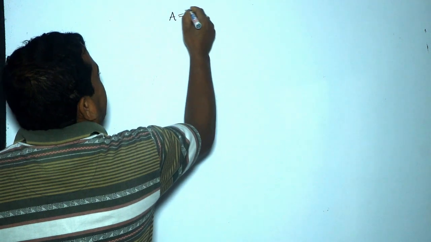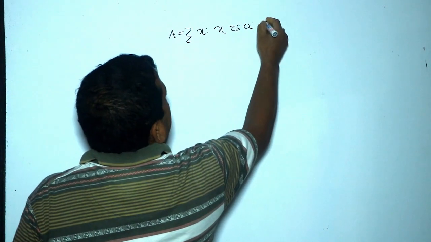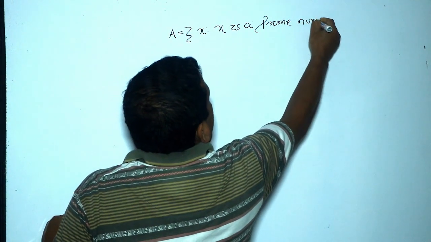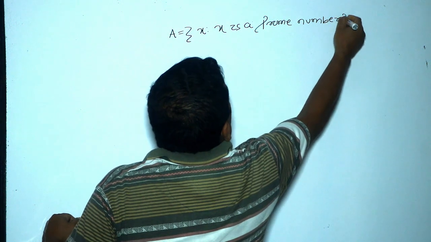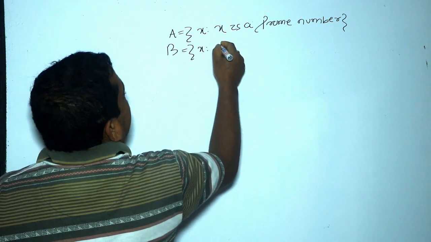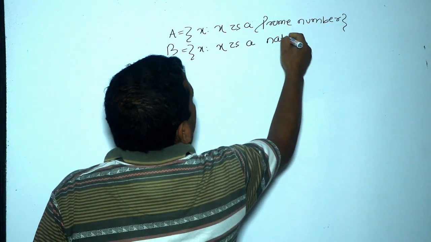Suppose set A contains x such that x is a prime number, and B is x such that x is a natural number.